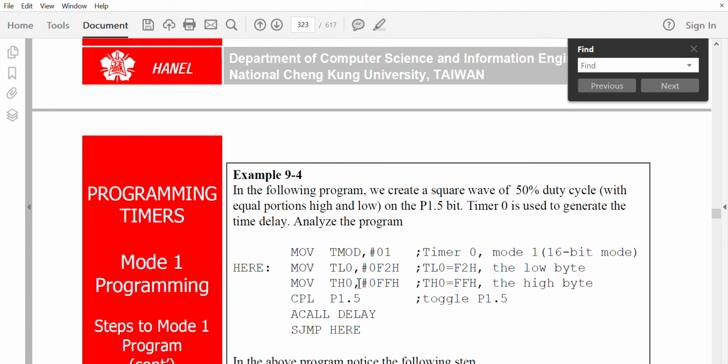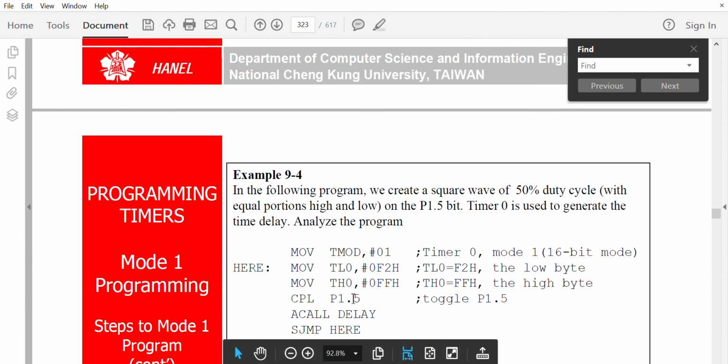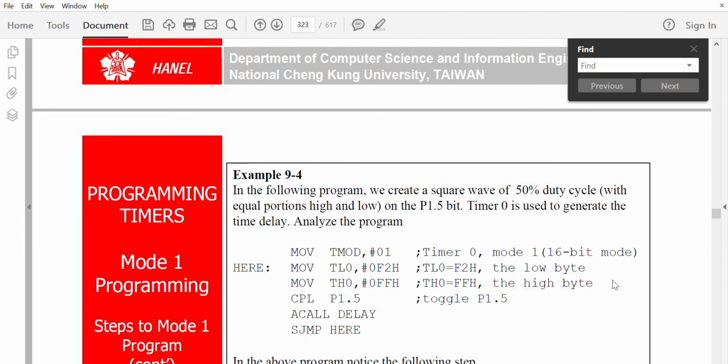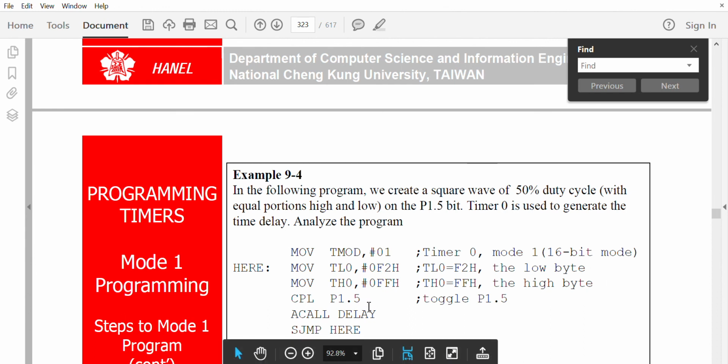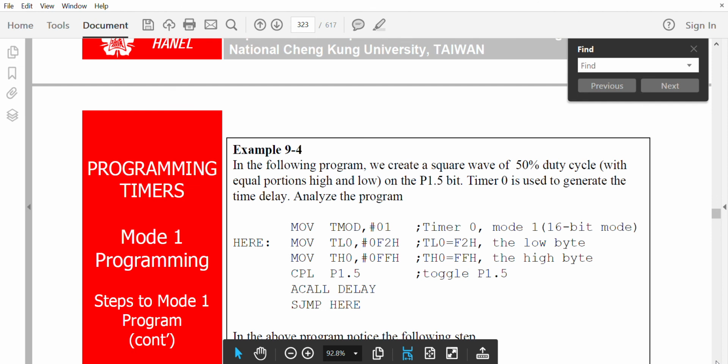So what is the timer 0 total value? It is FFF2, that is TH0, TL0. Now complement P1.5, then call delay. So P1.5 is complemented and a delay is called. You go to a subroutine which has the delay program.